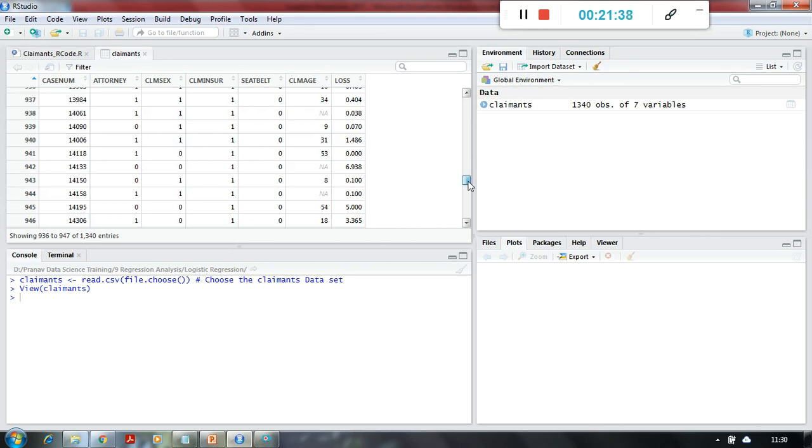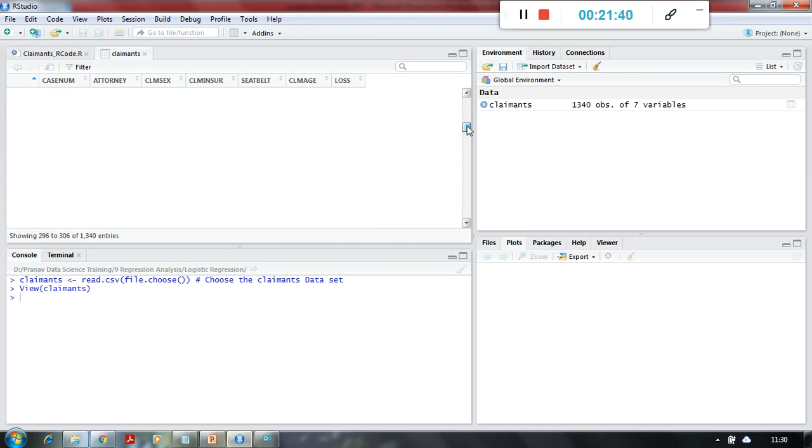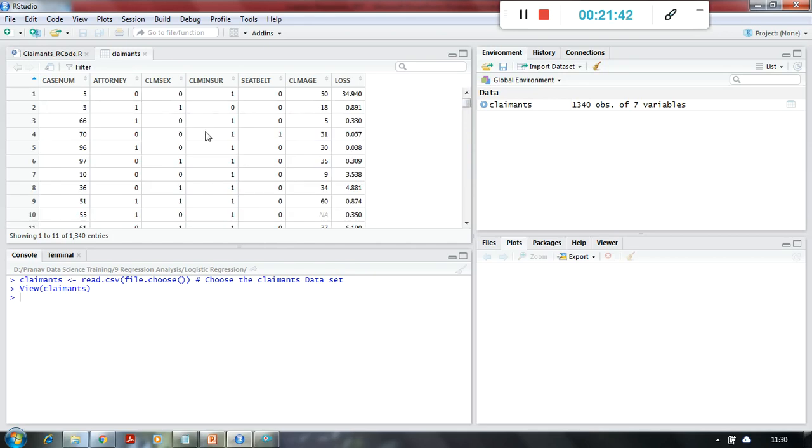Whenever we solve a business problem, this is the first step we do: first the business problem, then after collecting the data, we try to understand the data, their data types, whether there are missing values or not, whether the data types are in proper format or not, how many variables are there, how many observations are there.